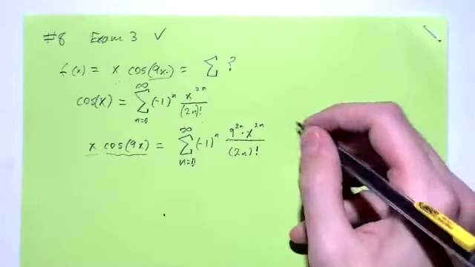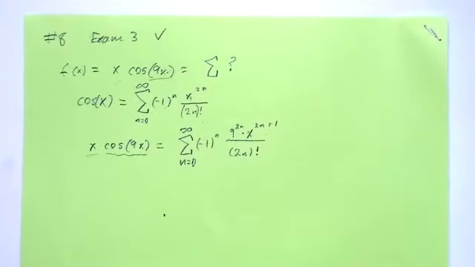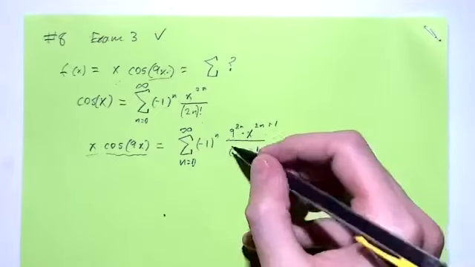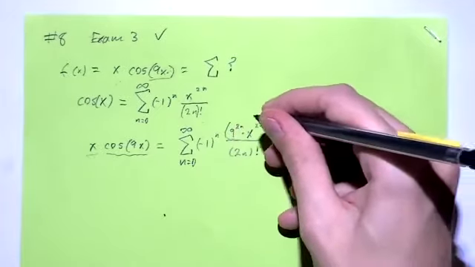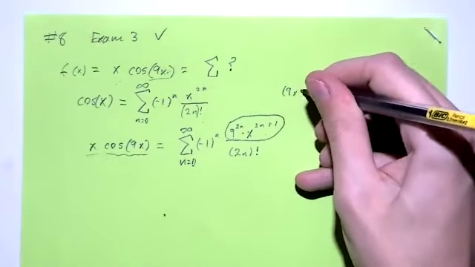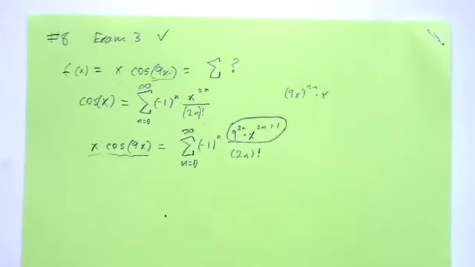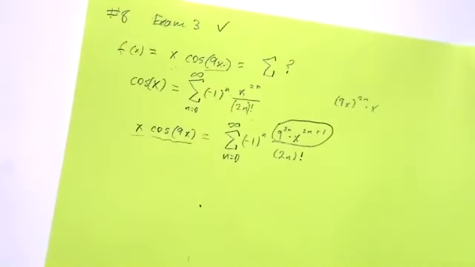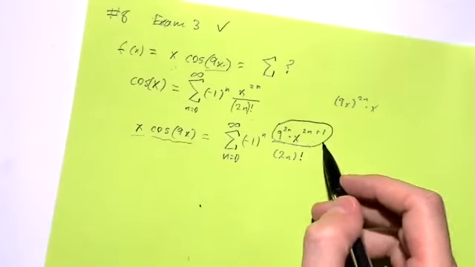And then we multiply an x in. So if we multiply this term by x, we just add plus 1. You could also choose to write this portion as 9x to the 2n and then multiply on the outside by x, whichever suits you. I like to do it this way just so that I easily separate everything out.